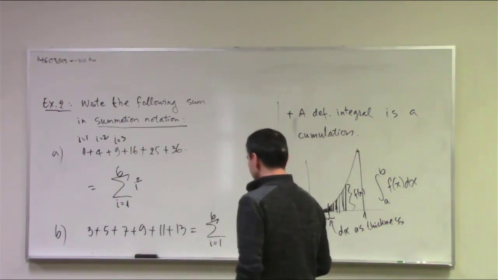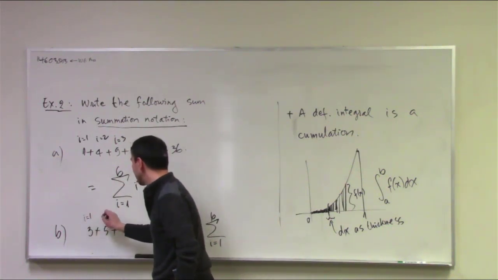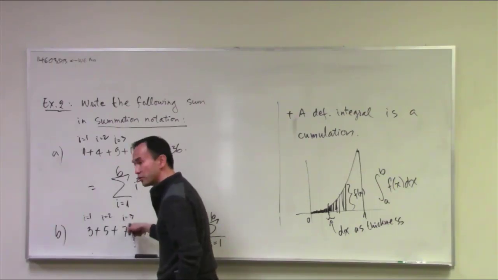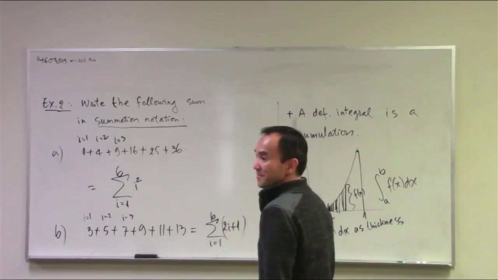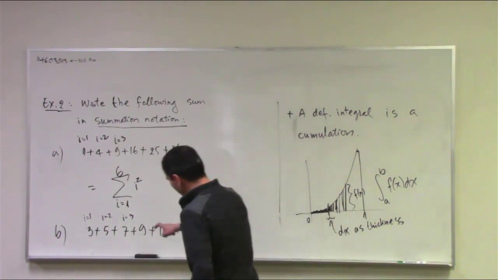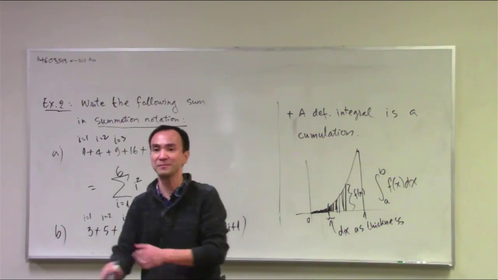And then these go to 3 and 5, and so this is index 1, this is index 2, index 3. Do you see a relationship between these values and the index itself again? And of course, it takes some creativity and practice to see through these challenges. When you work it down to the i formula, it takes time practicing it, right? The more you work on that, the better it's going to get.